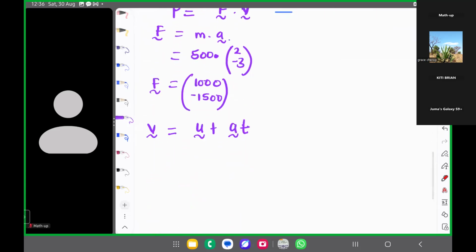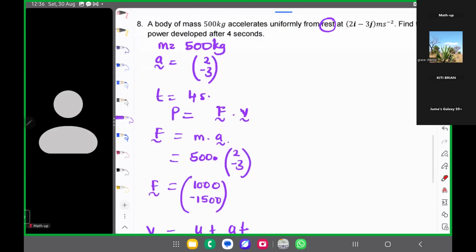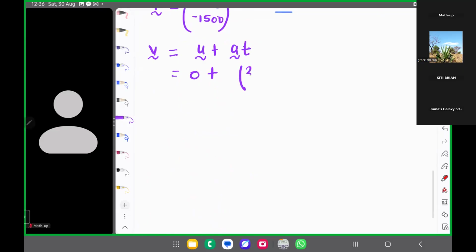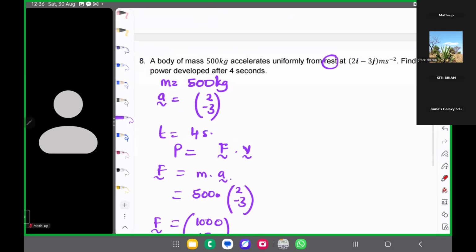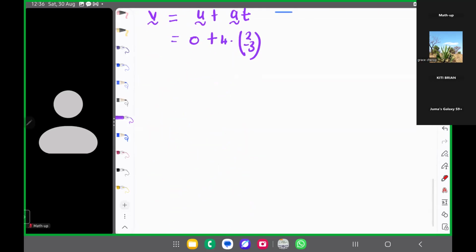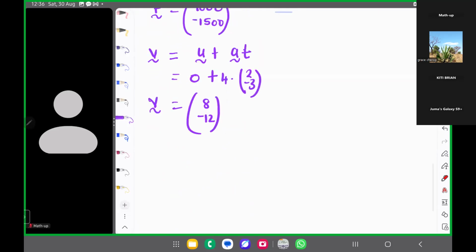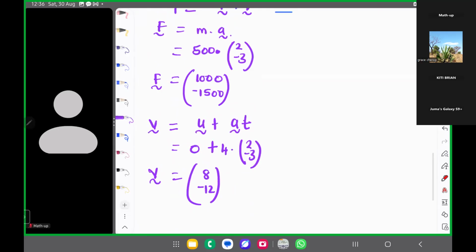So we have our initial velocity as 0, and our acceleration as 2, negative 3, and we want the velocity after 4 seconds. So our velocity will be 0 plus 8, negative 12.